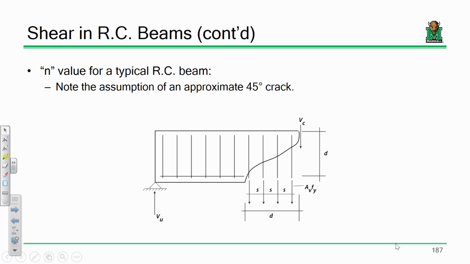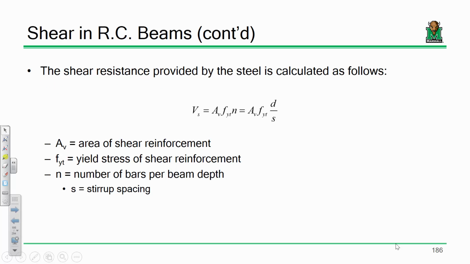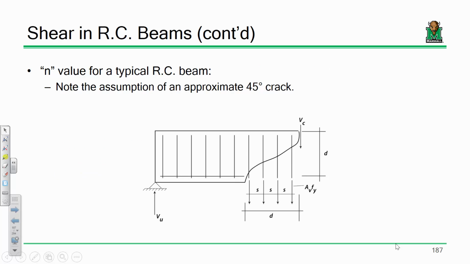Does that make sense? And why am I getting 4 stirrups? Because it's 24 inches over 6 inches. So from a capacity standpoint, I'm taking the area of steel times the yield stress times d over s. Why d over s? Because d over s is a reasonable estimate of about how many stirrups would cross a 45-degree crack. That makes sense? Without those stirrups, once you hit Vc, boom, it fails, right?